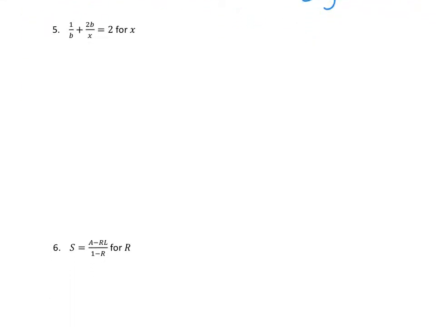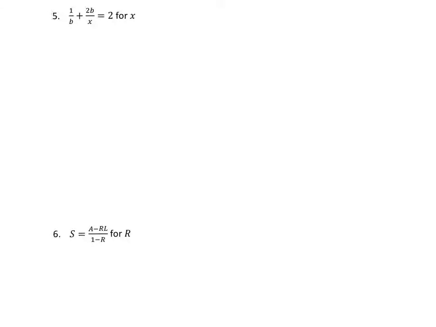In this next problem, I'm going to use the strategy we used in a previous example. Since this is really 2 over 1, I'm going to try to get a common denominator in all three fractions. The common denominator would be bx. To get a bx in the denominator of the first fraction, you'd multiply the top and the bottom by x, so you'd get x over xb.